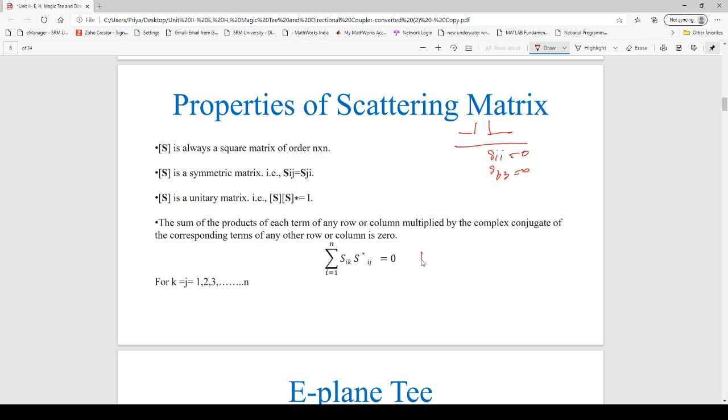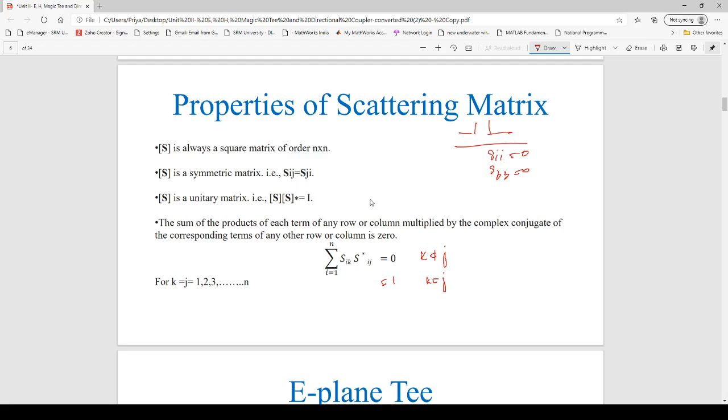That is, when your k is not equal to j, it will be equal to 0, and it will be equal to 1 if your k is equal to j. So for same row, same column, it will be equal to 1. If it is a different row, different column, that will be equal to 0. So these are the main properties of a scattering matrix.